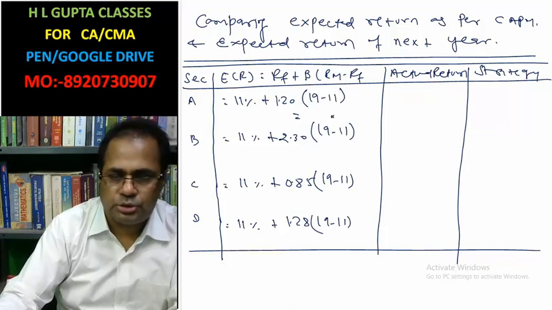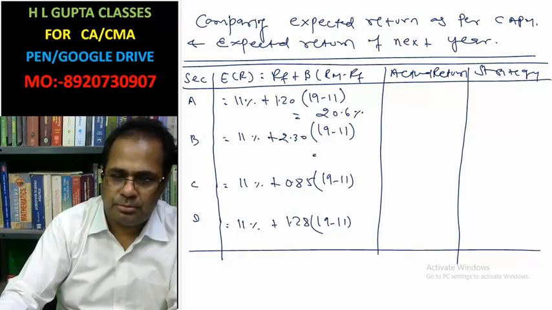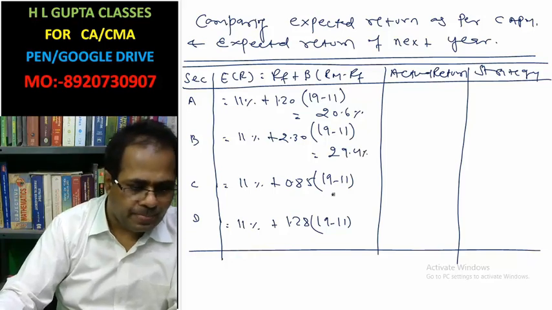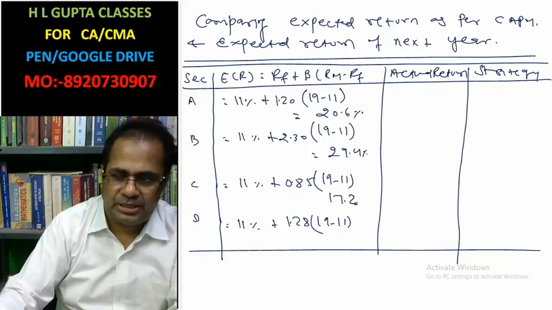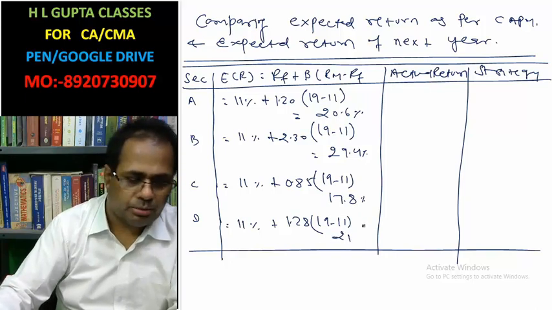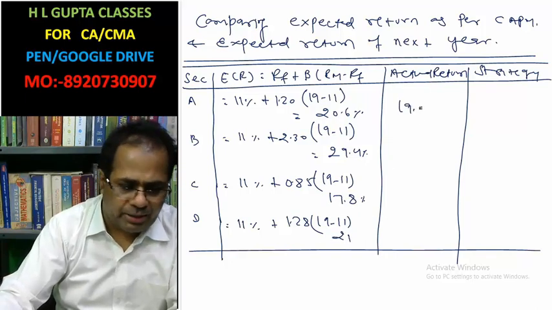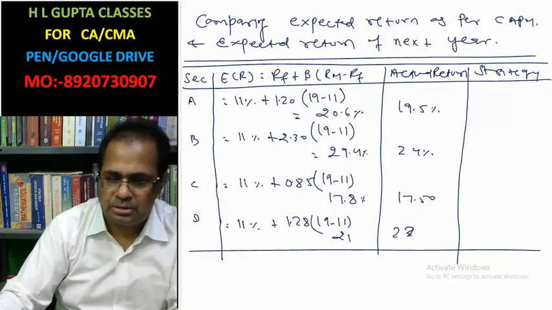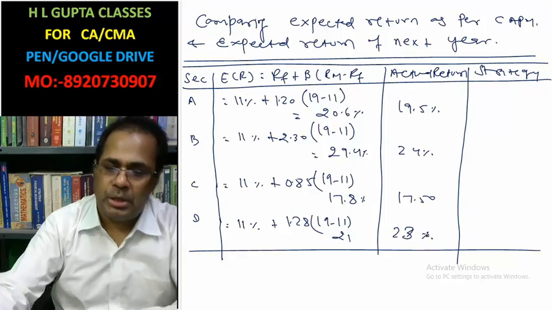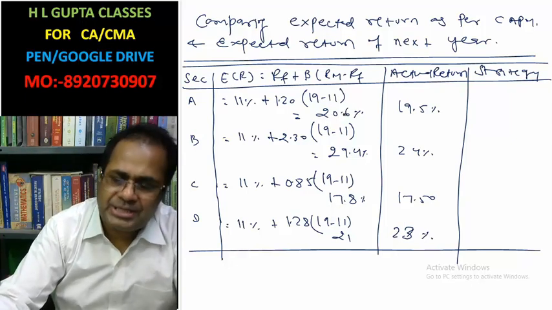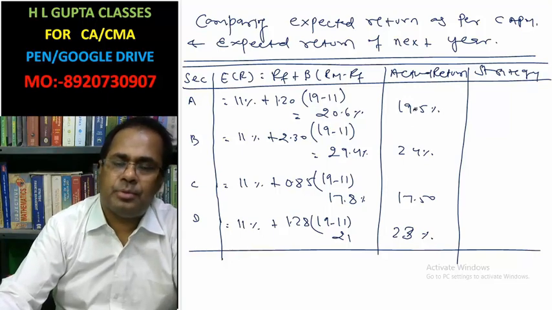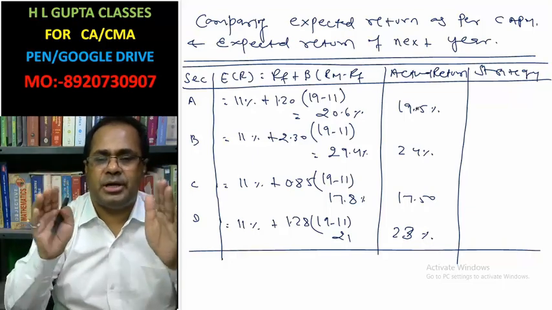Look at it. This is 20.6%, 29.4%, 17.8%, 21%. And these are 19.5%, 24%, 17.5%, 23%. Look at it. The investor is expecting 20.6, but the actual return is 19.5. The return given in the question should be considered the actual return.